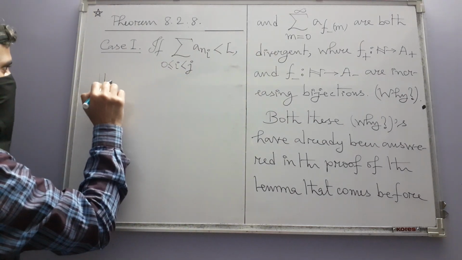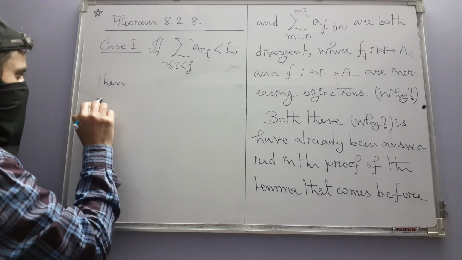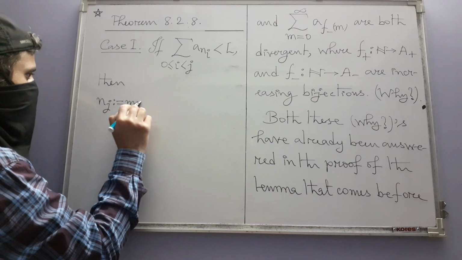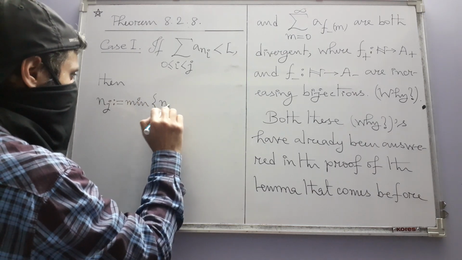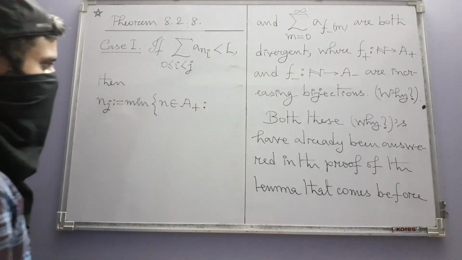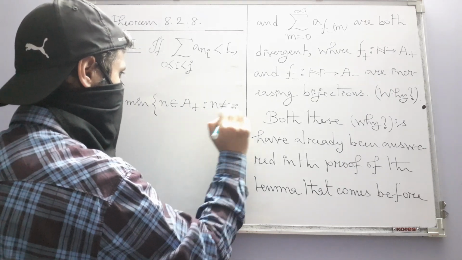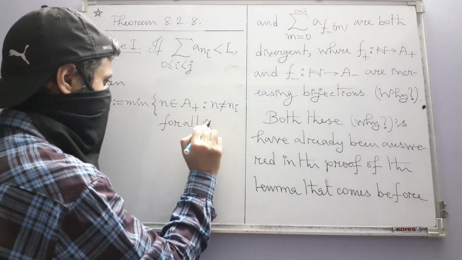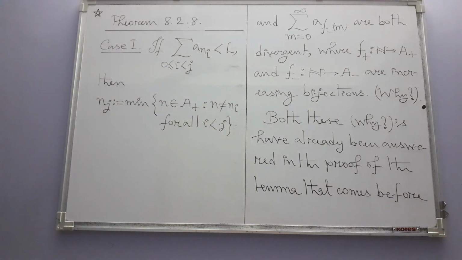then the term N_j in our sequence is defined to be the minimum of the set of all elements n in A plus such that n is not equal to N_i for all natural numbers i less than j. So this was case 1.